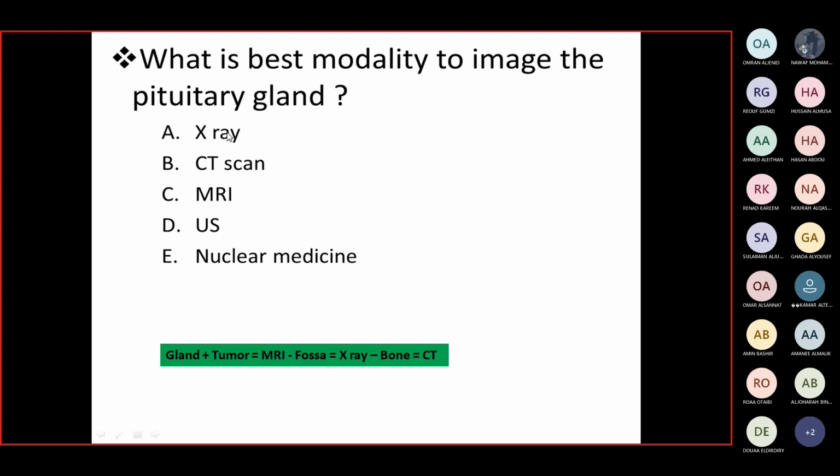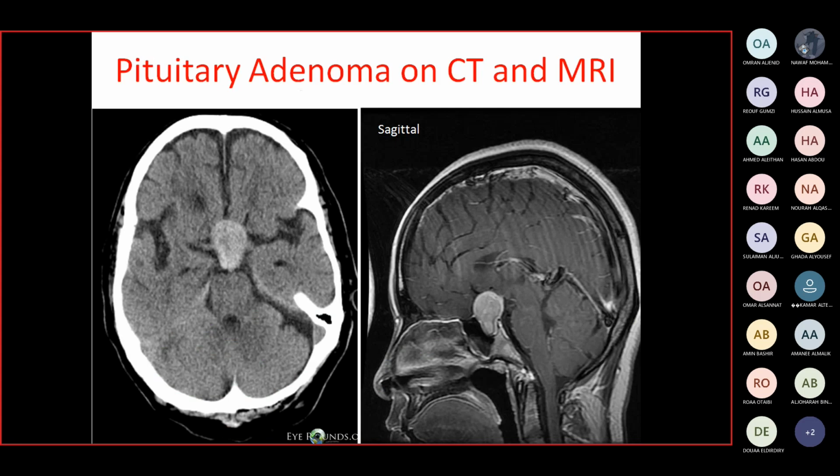X-ray can demonstrate bone erosion or enlargement of the sella turcica, but nowadays it is not used. If you are interested in the assessment of bone, CT is used, but in general MRI is the best imaging modality for assessment of the pituitary gland for the mentioned reasons. Ultrasound and nuclear medicine are not used commonly for assessment of the pituitary gland.